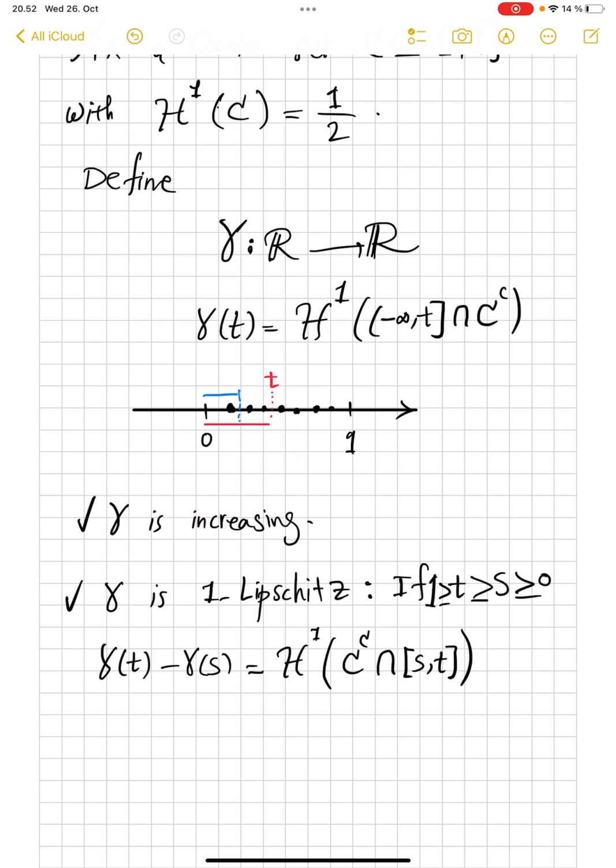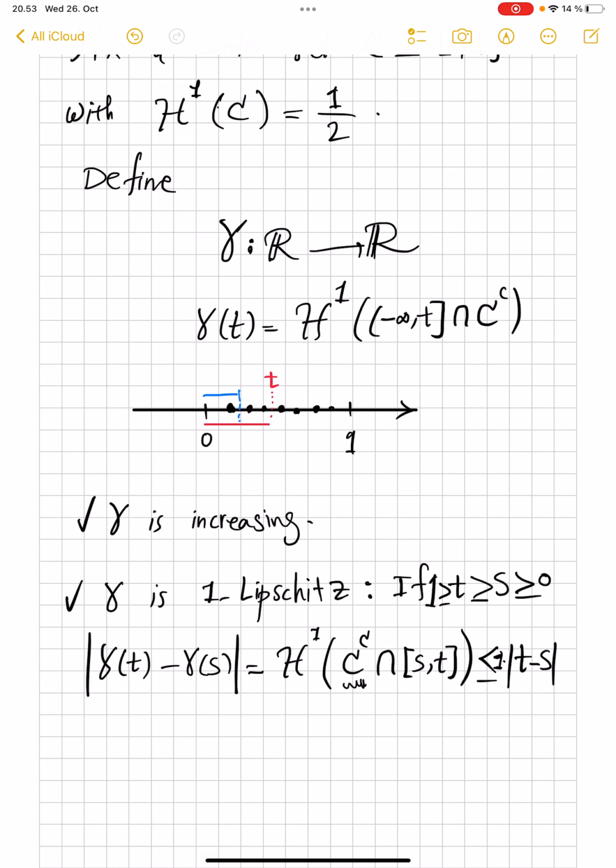And even if this complement was all of this interval, that would give us only a measure equal to T minus S. I can put this here, but we definitely know it's strictly less than that much, but we don't care. So what we have here is that for every pair, gamma T minus gamma S is less than 1 times the difference in the argument, which is exactly what being 1 Lipschitz means.